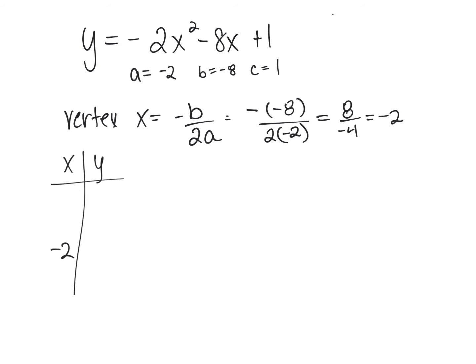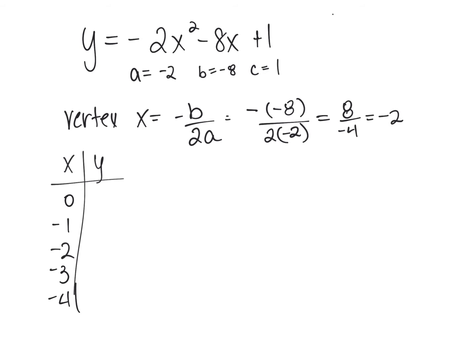I'm going to make the table and plug in the negative 2 as I go. So what numbers am I going to put around negative 2 in my table? Right, so we're going to make our little number line, just like we did yesterday. Make a number line of 5 numbers with the vertex in the middle. And now we're going to plug them in.